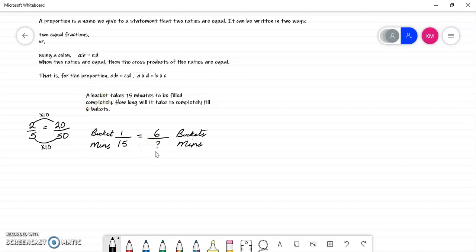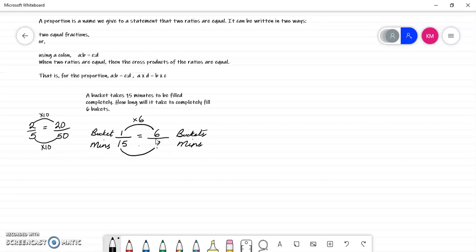Now an easy way to do this is to determine what is going to be an equivalent fraction to 1 out of 15, an equivalent fraction with a numerator of 6. To do that, I have to determine what I have to multiply 1 by to get 6. That's easy. 1 times 6 is 6.